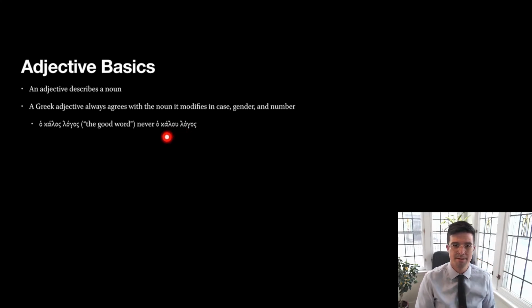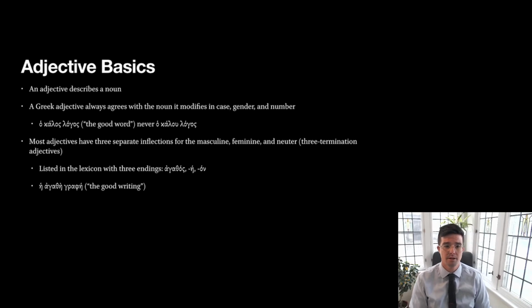That's right, the nominative case. So you'll never have a genitive adjective modifying a nominative noun. This adjective is always going to match the word that it's modifying, as it does over here. We have the definite article in the nominative masculine singular, the adjective in the nominative masculine singular, and the noun in the nominative masculine singular.